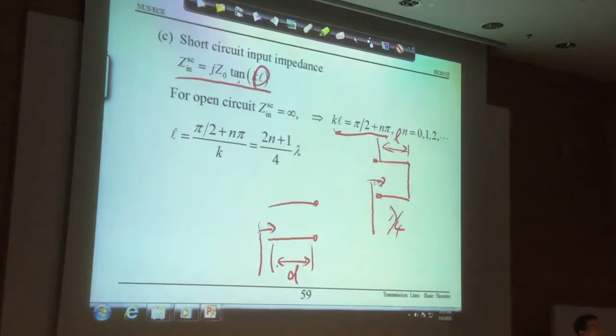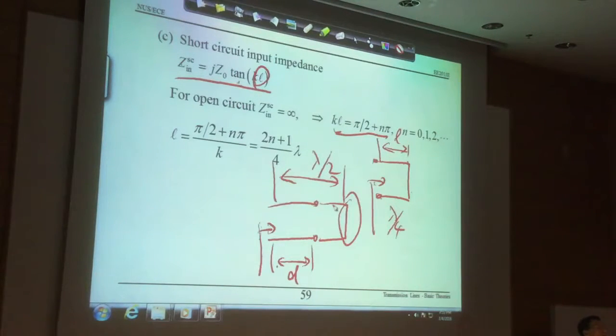Lambda over 2. Okay? So just now, if this is lambda over 2, then input impedance is the same, right? Quarter wavelength, this is open.